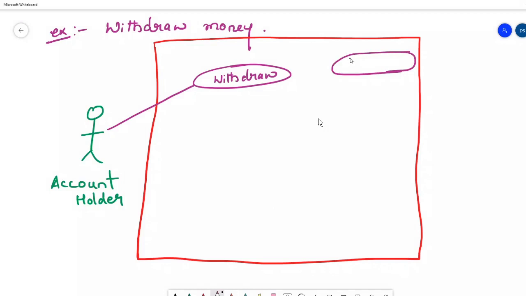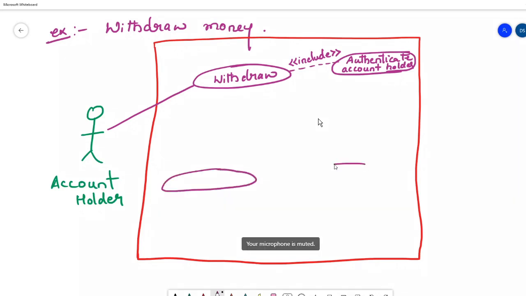So we can say that it authenticates the account holder. If you want to withdraw money from your account, it would always include authentication of the account.